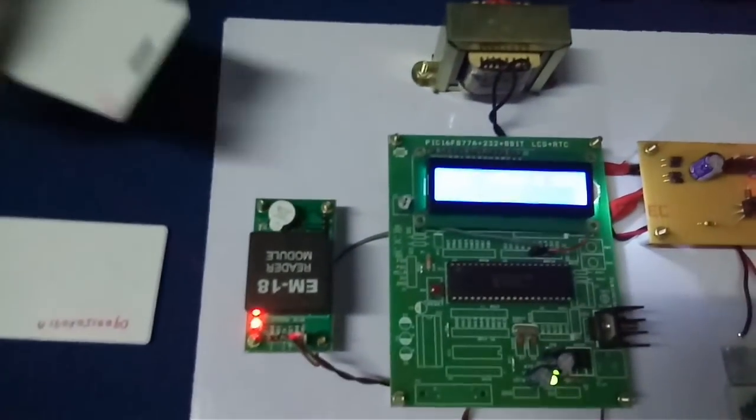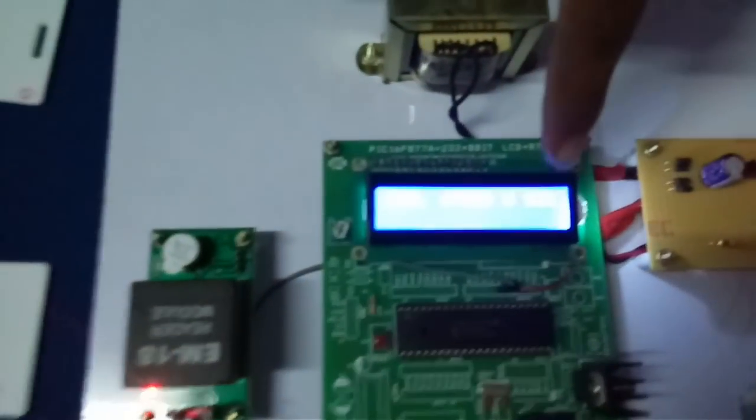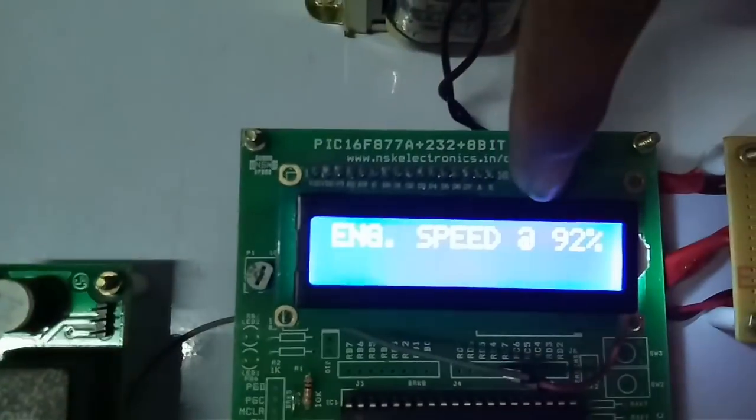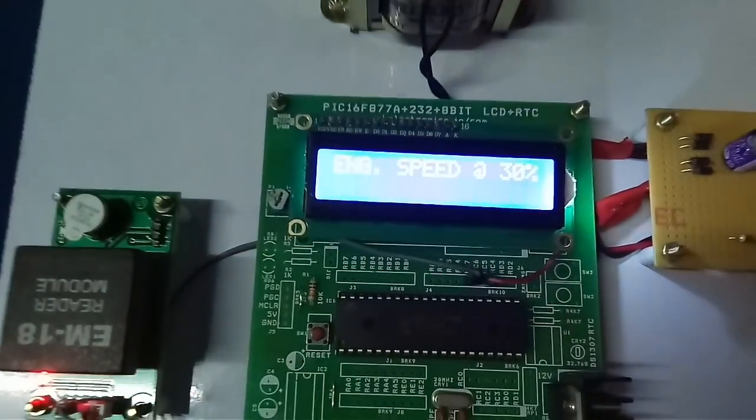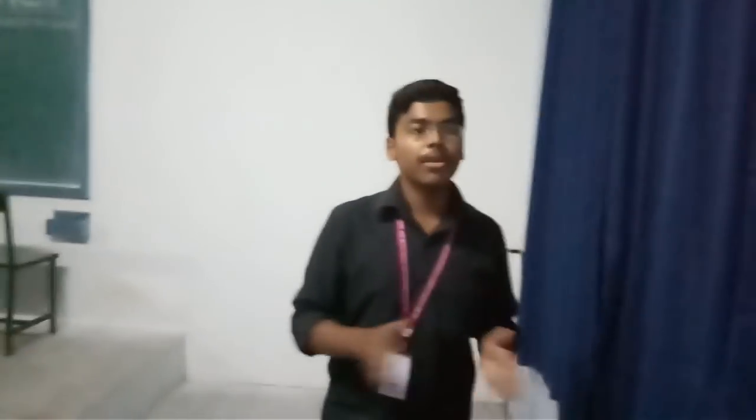If the person is going at 92 km/h, then after crossing the speed limit board, it will reduce to 30 km/h. By this we will overcome accidents, and we will reduce the speed of the vehicle.